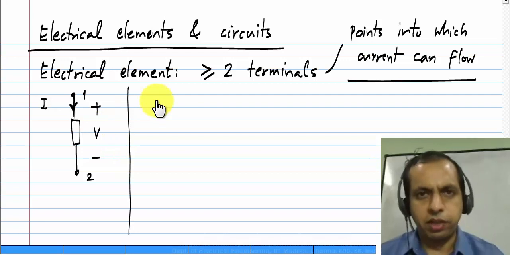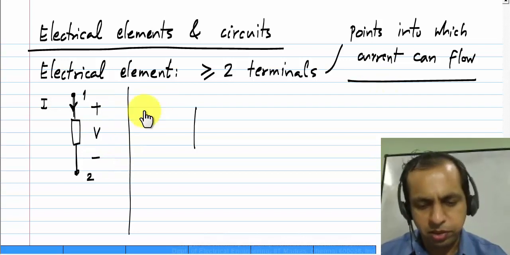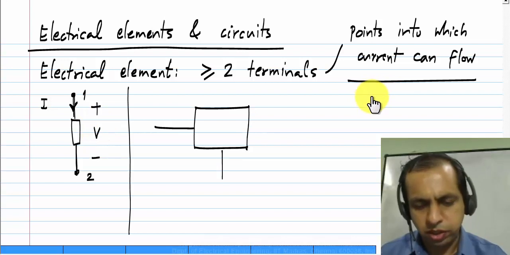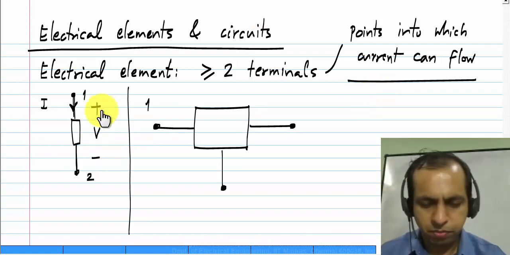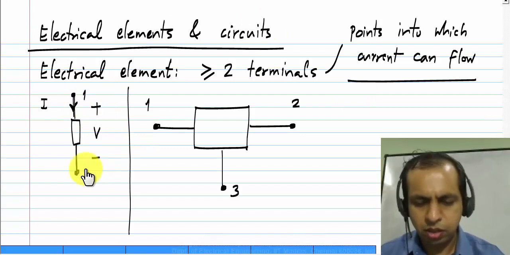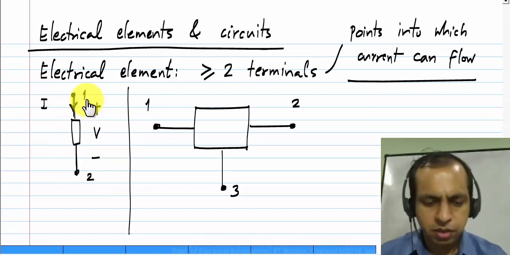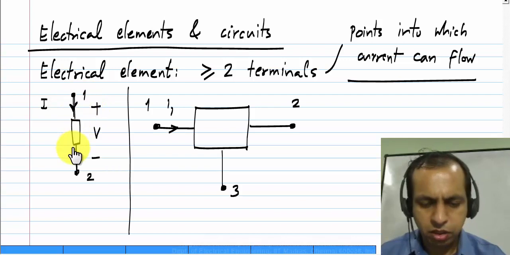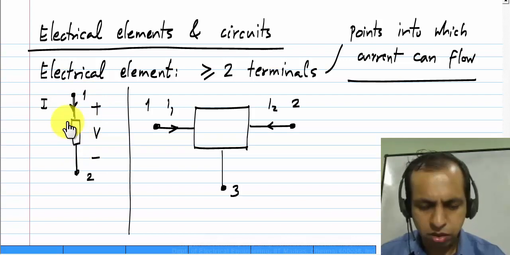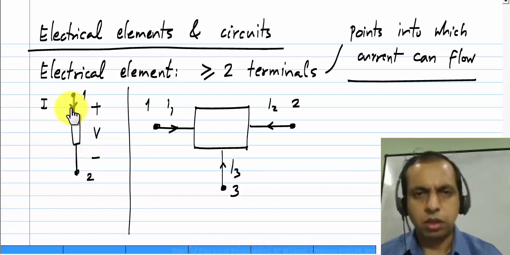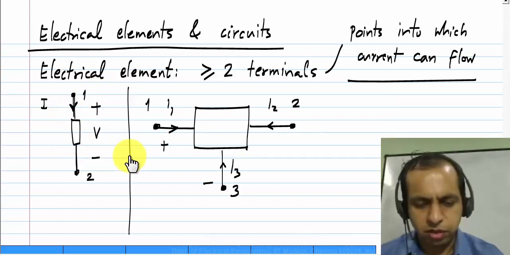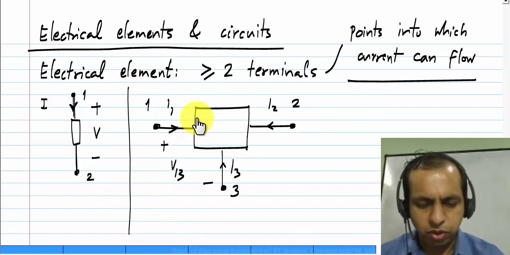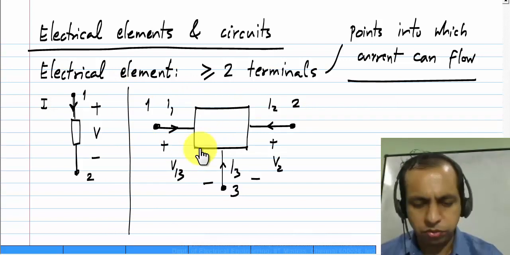Now, of course, we can have electrical elements with more than two terminals. So we can have an element like this which has three terminals. We can have currents going into all three of them, and we can also measure the voltages between any two of those terminals.